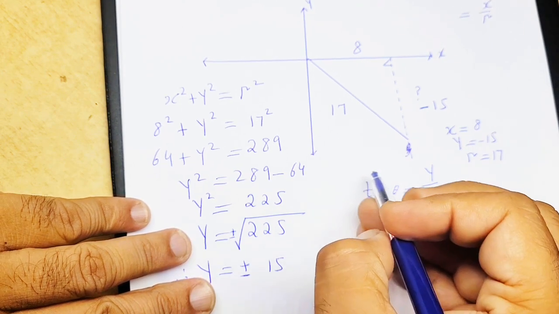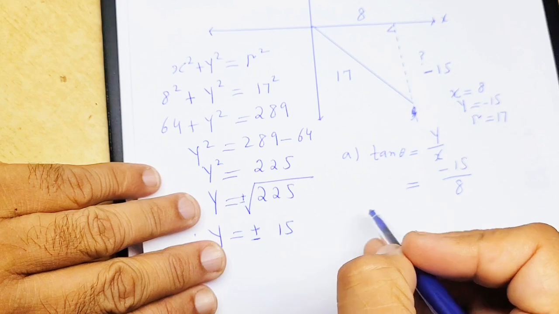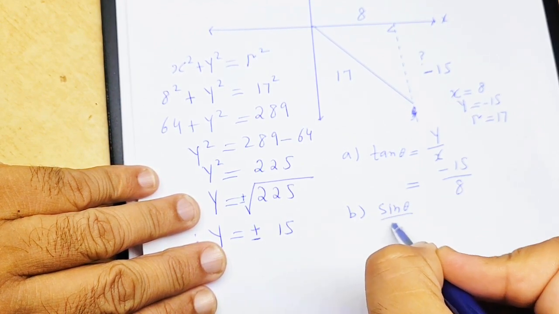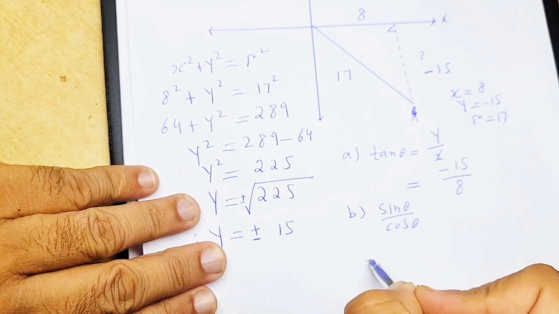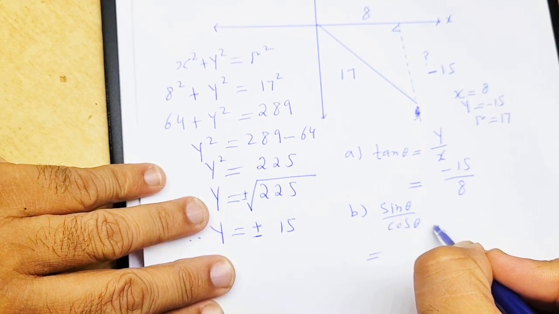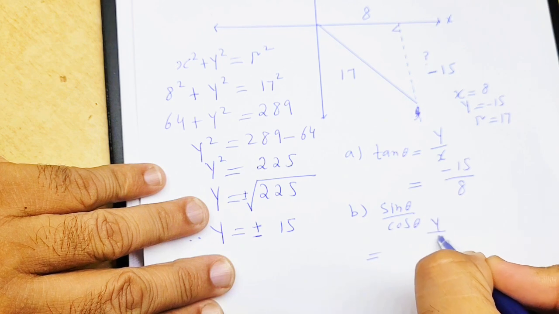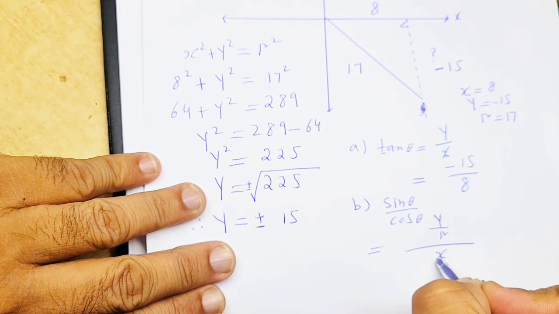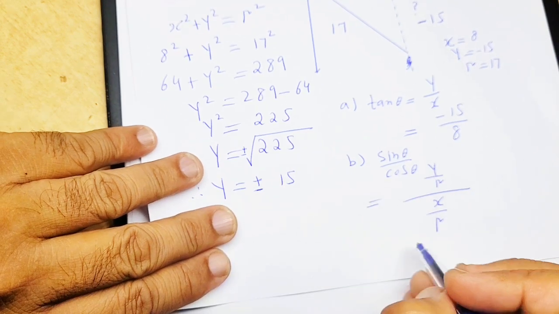Now I need to find sine theta over cos theta. Sine theta has to do with the y value, y over r, and cos is x over r.